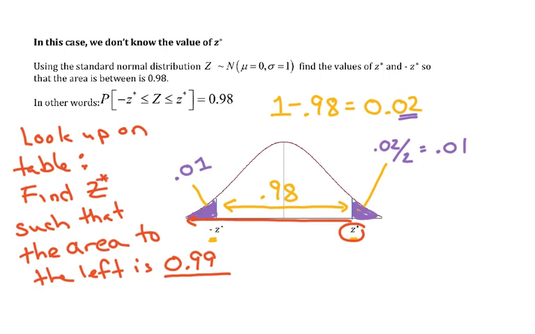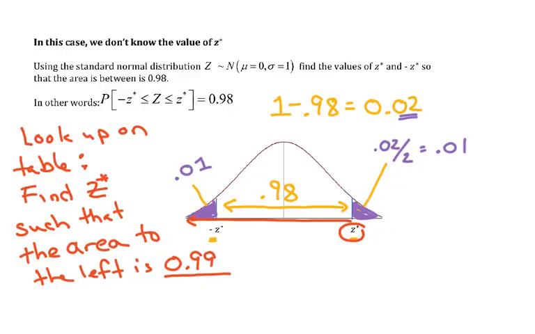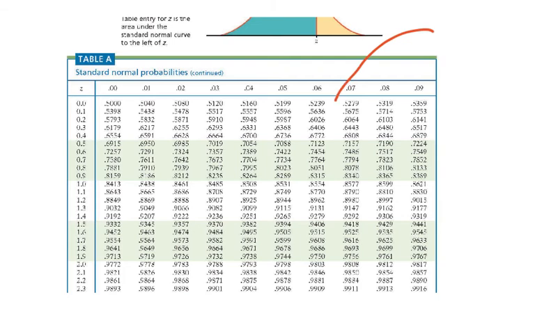And let's see, I think I have a table here for us to look at. It's not a complete table, but what are we looking for? We want to get as close as we can in the area section to 0.99. So we're looking in the areas, trying to find 0.99 and get as close as you can. So we're just going to pick one of these two numbers. Which one do you think is closer?